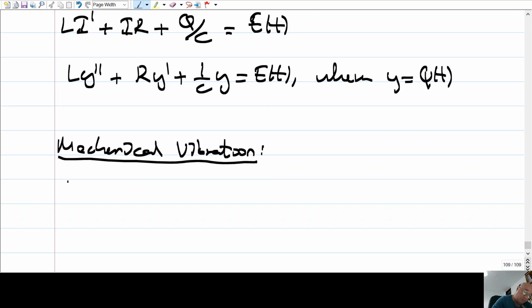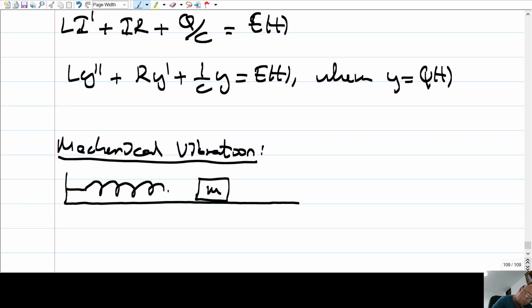Suppose we have a system like this, and we have some mass here, and we have a spring, and we also apply some force to the spring.